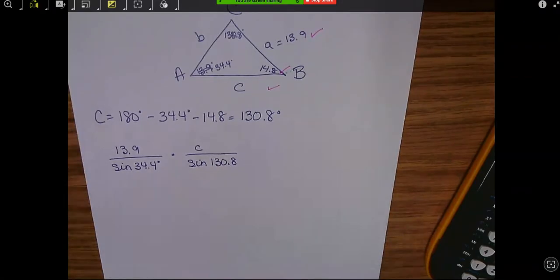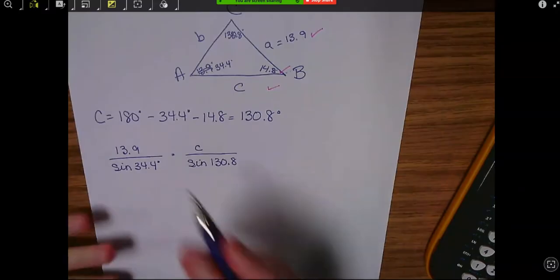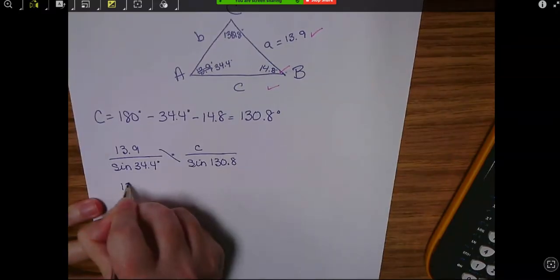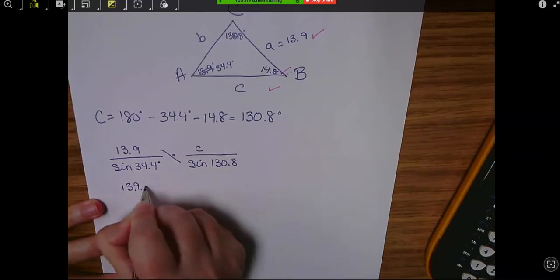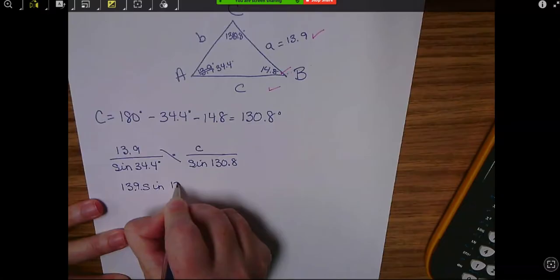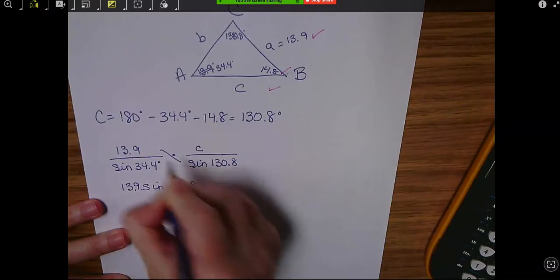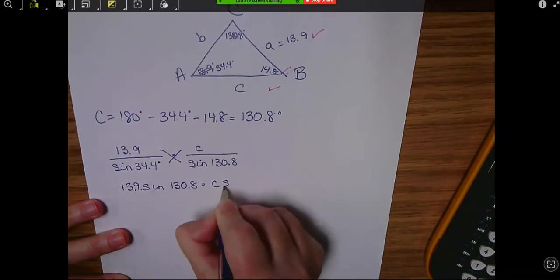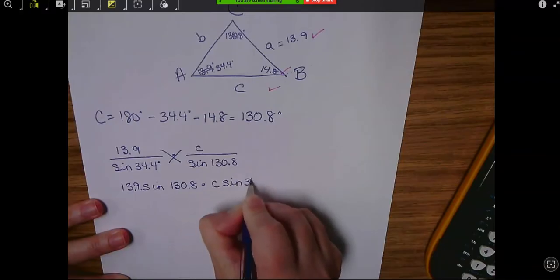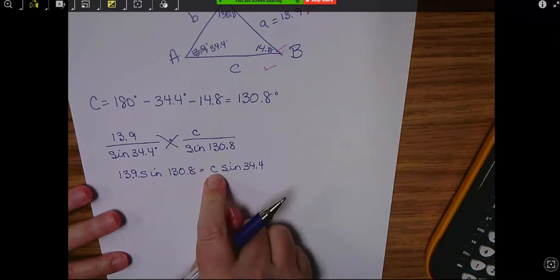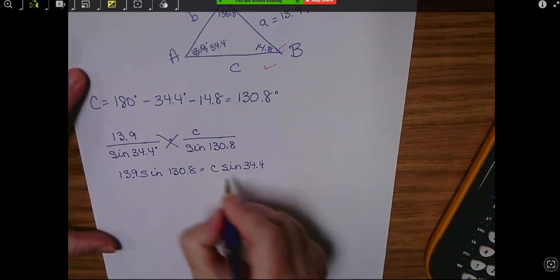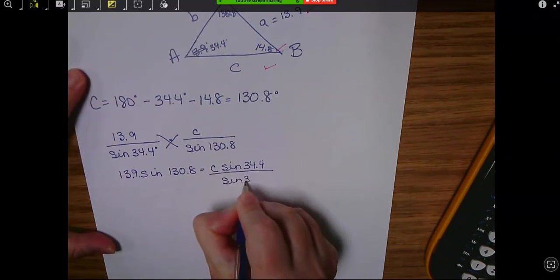So now we're going to do like we did before in the last lesson. We're going to cross multiply. So we get 13.9 sine of 30.8. Multiply here and we get c sine of 34.4. Remind yourself we are finding little c. So we're going to divide by sine of 34.4.